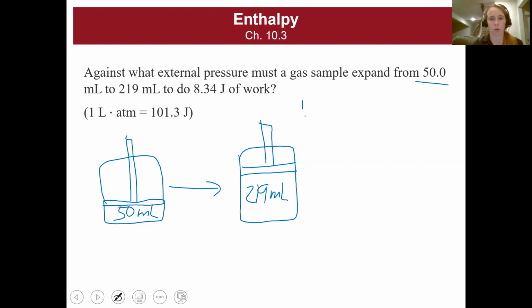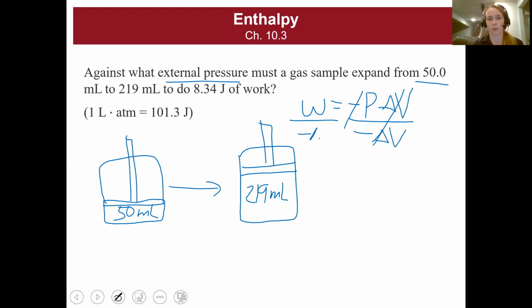So remember, work is equal to negative P delta V, and we want to solve for pressure. So I'm going to solve this for pressure. Divide by negative delta V. That gets rid of that and that. So P is going to be equal to negative W over delta V.